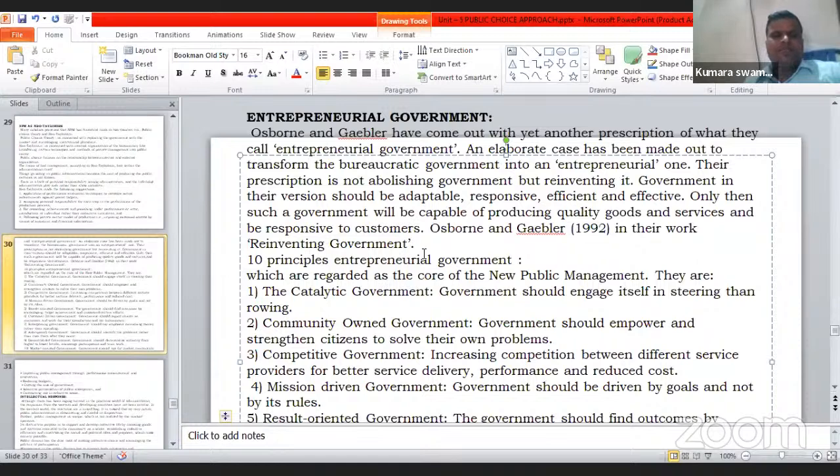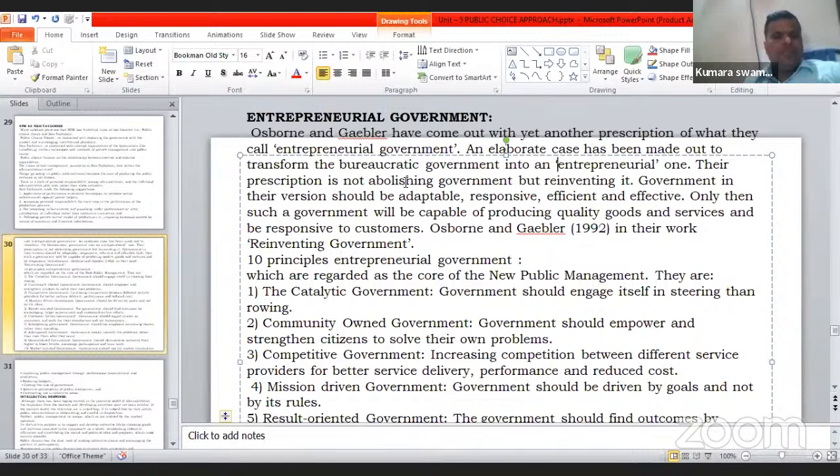Osborne and Gabler came out with another prescription called the entrepreneurial government. An elaborate case has been made to transform the bureaucratic government into an entrepreneurial government. Means they say we need to replace that government and transform the bureaucracy with the entrepreneurial government.